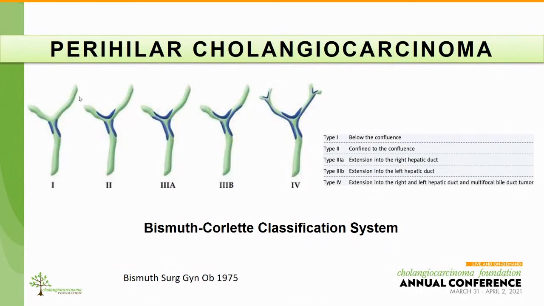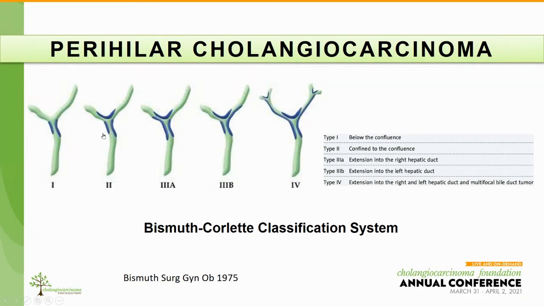So how are we going to define cholangiocarcinoma? Well, the original system published by Dr. Bismuth back in 1975, the Bismuth classification system, really looked at the relationship of the tumor to the biliary confluence, and we had types 1 through 4 with 2 categories in type 3. Type 1 tumors were below the confluence, so limited to the bile duct outside of the bifurcation of the left and right duct.